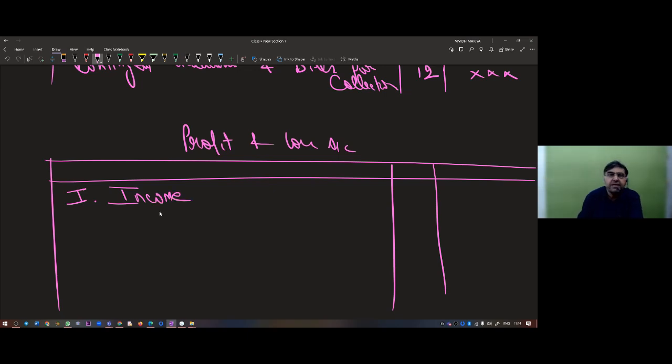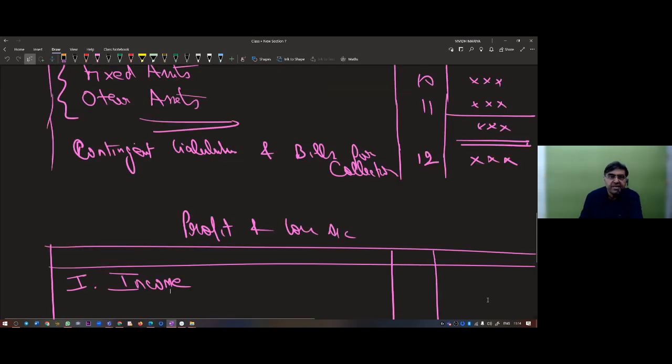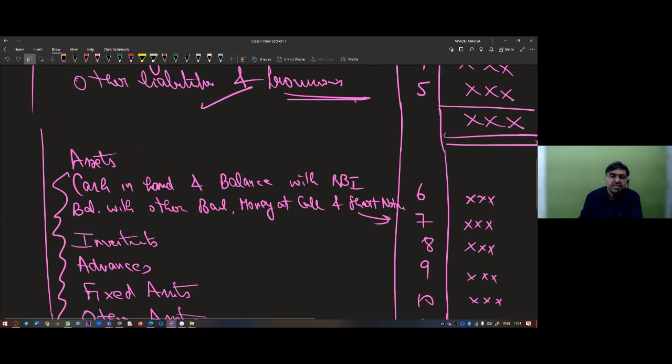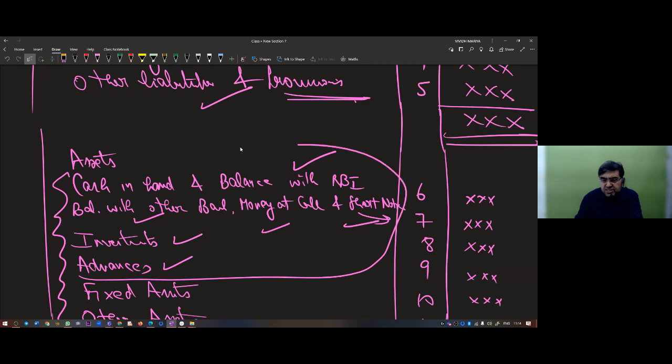Income can be, see here, very smart students, income can be from balance with RBI, from balance with other banks, money at call and short notice, from investments, from advances. These assets will give us income.